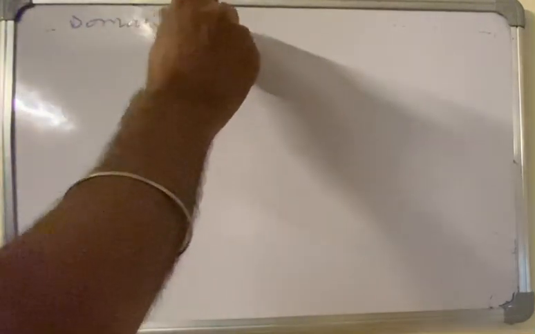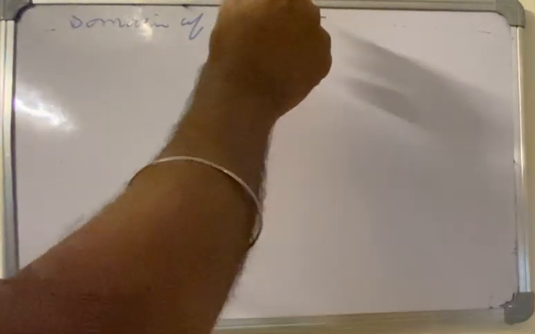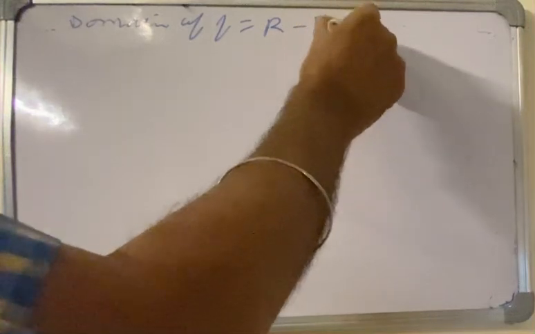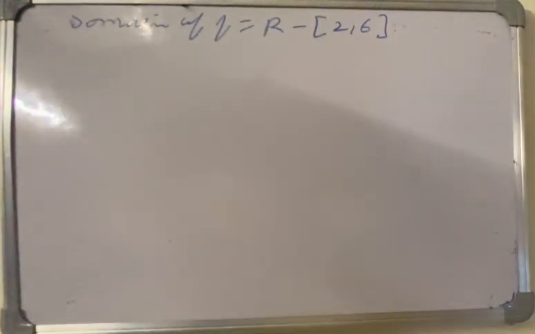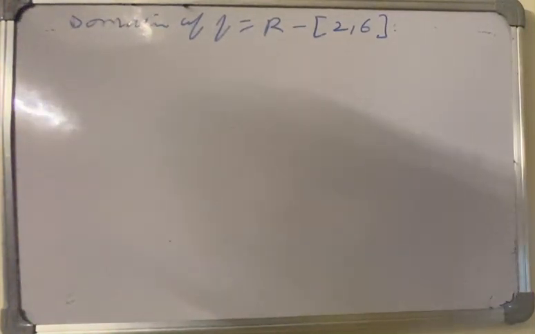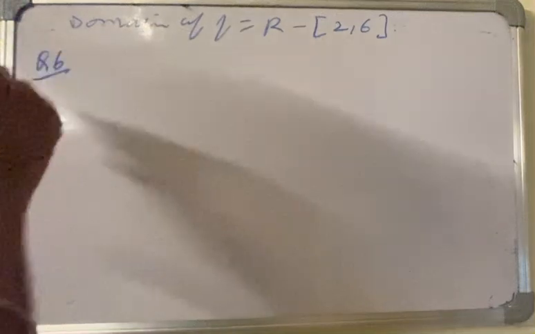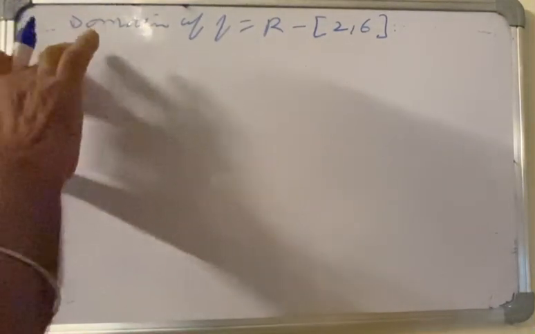Therefore, the domain of f is the set of real numbers excluding 2, 6. Then we take the fourth question.